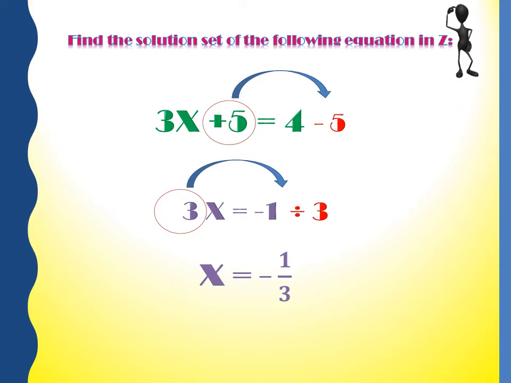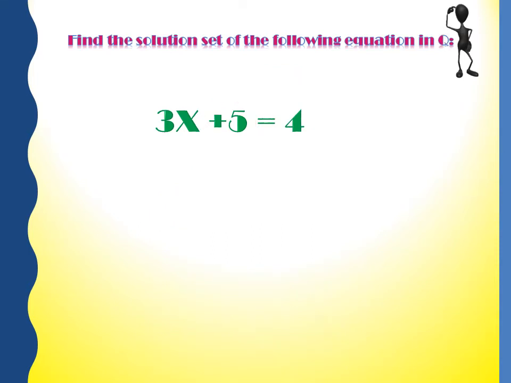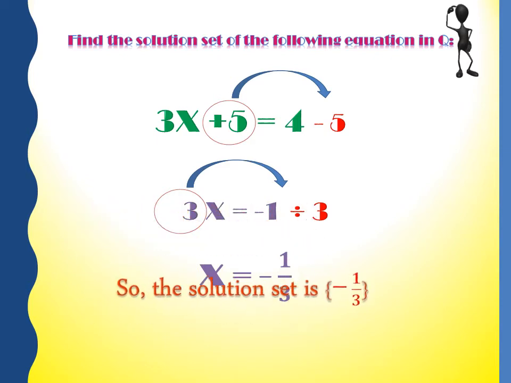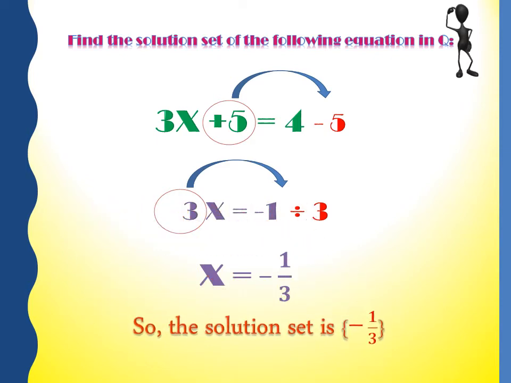Then the solution set in the set of integers is also the empty set, because the set of integers has no rational numbers or fractions. While in the same example, if I need to find the solution set in the set of rational numbers Q, here I can find the solution because the set of rational numbers accepts all fractions. Then the solution set here equals negative a third.